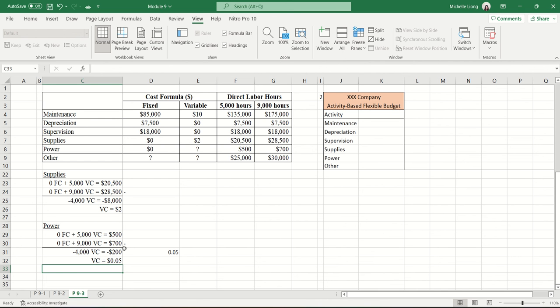But we will prove it later on to see whether it's the same or not. Okay. So for fixed costs right here, we have two ways of finding it, and maybe it may be different.